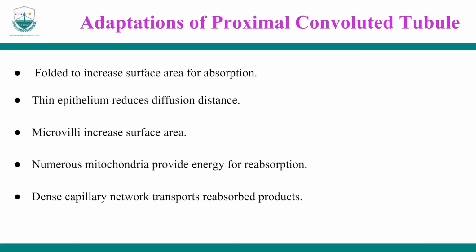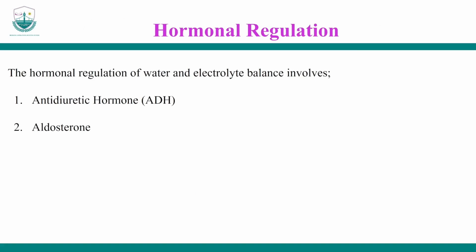The microvilli, which are extensions, also increase surface area, and there are numerous mitochondria to produce the energy needed. The proximal convoluted tubule and the loop of Henle are surrounded by a network of blood vessels or capillaries that take up what has been reabsorbed.